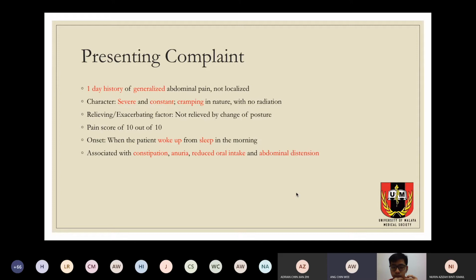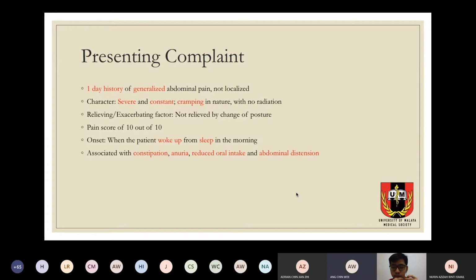So let's go to the top again. One-day history, generalized. Again, a very short history. Generalized means everywhere. If the pain is everywhere in the abdomen, what do you call that in medical terms?